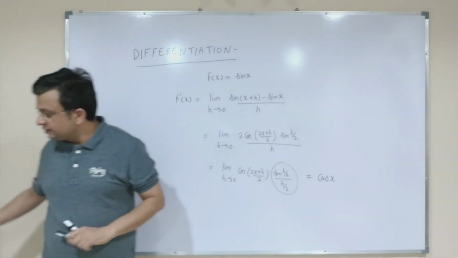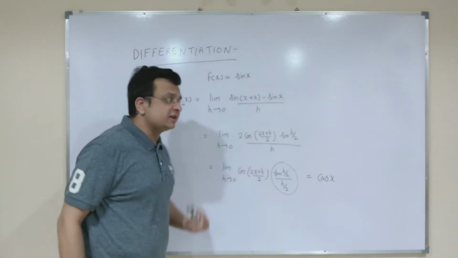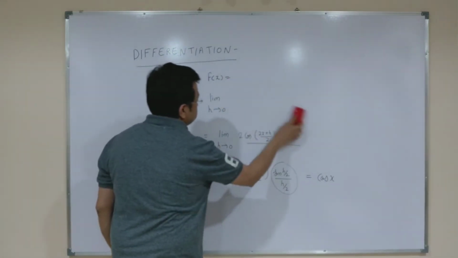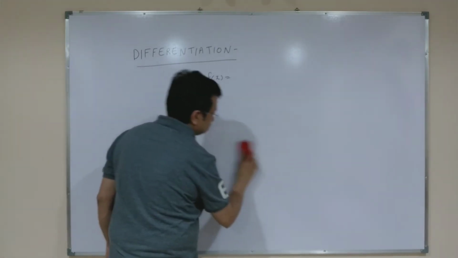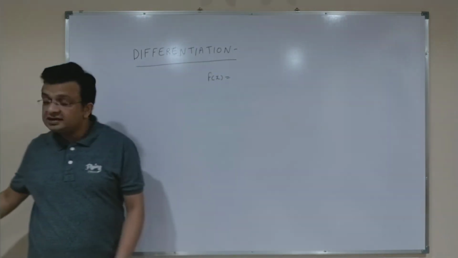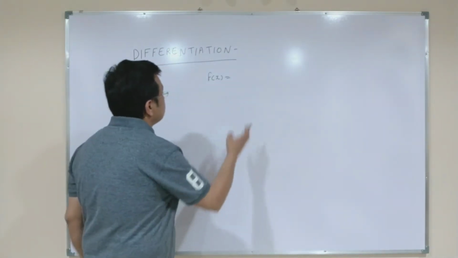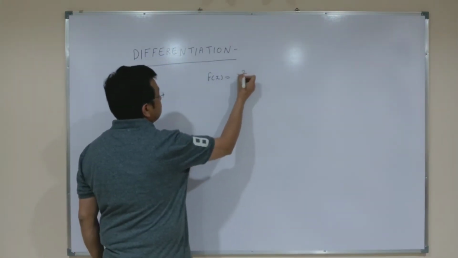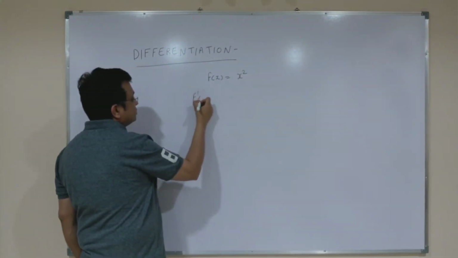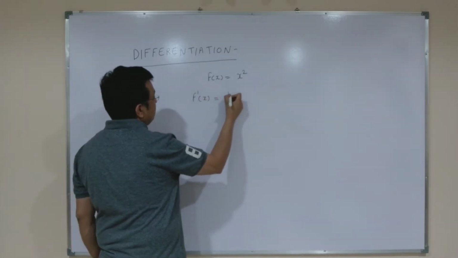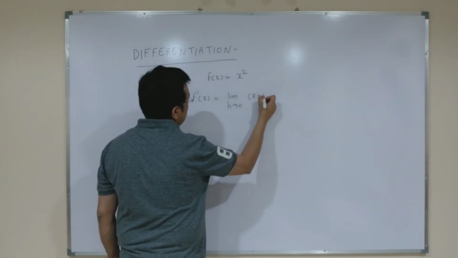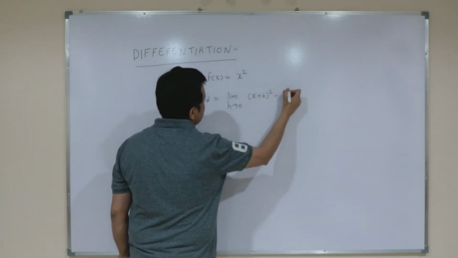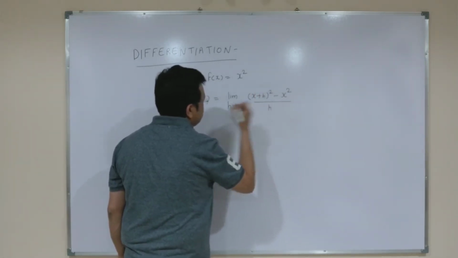Now, let's take one more example. Let's say f x is x square. Now, f dash x is equal to limit h tends to 0 of (x plus h) whole square minus x square upon h.